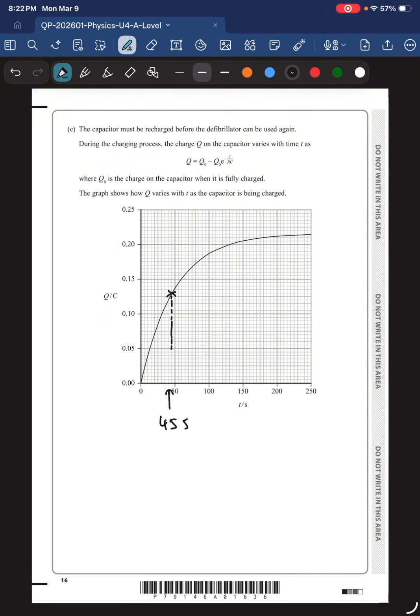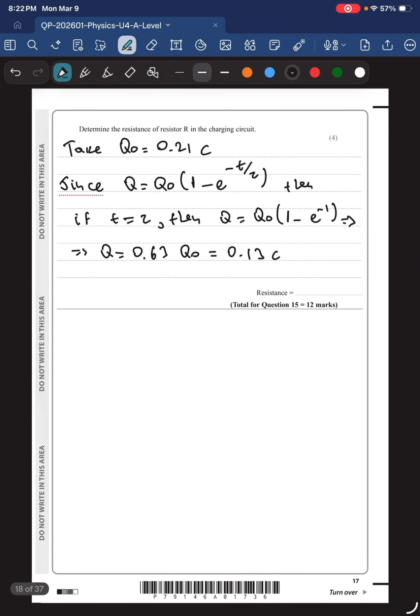And this point pretty much corresponds to the time constant. So the time constant is 45. You can check for yourselves. So if Q is 0.13 coulombs, then t, which is equal to tau, is equal to 45 seconds, okay?